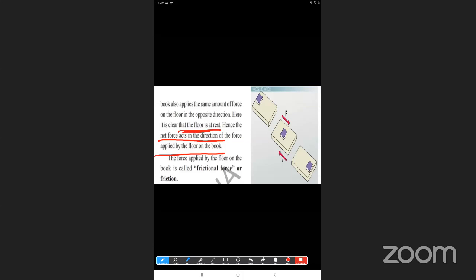Here, the force applied by the floor on the book is called frictional force or friction. Here, this capital F is the applied force and this small f is the frictional force.